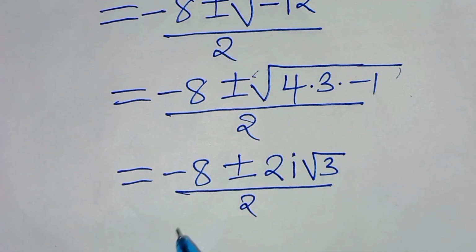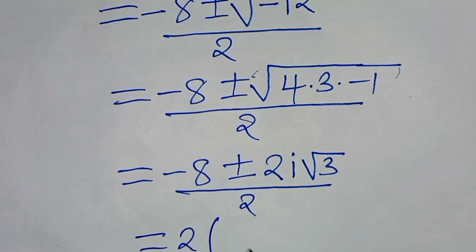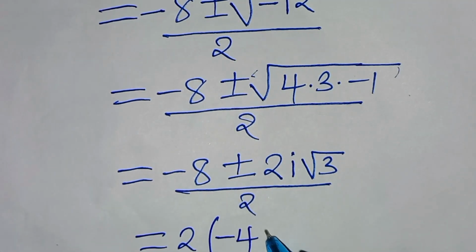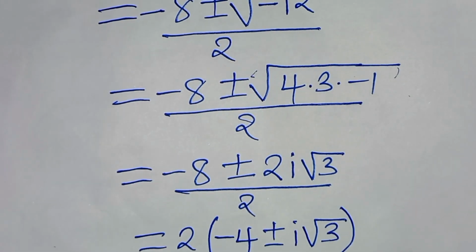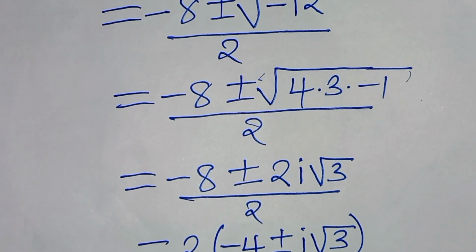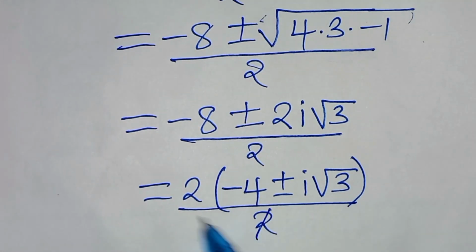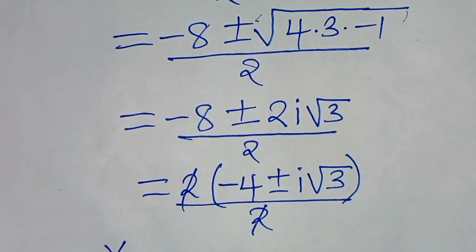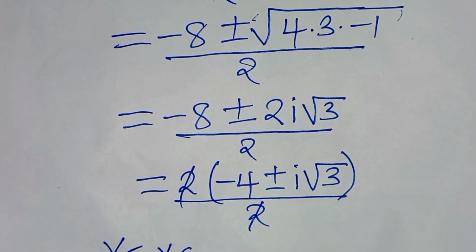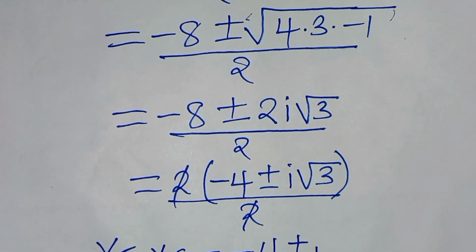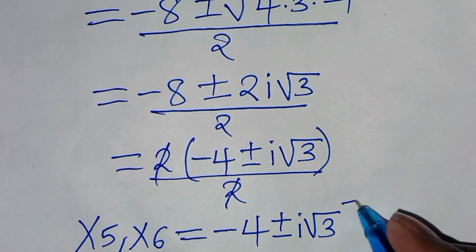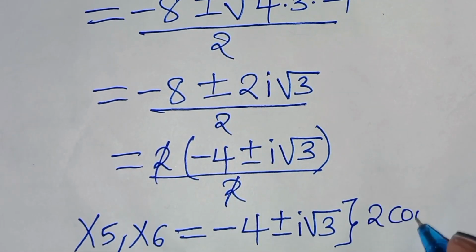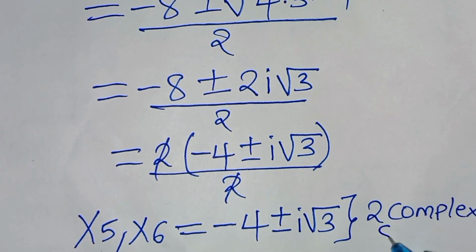From here, we can factor out 2, so that we have minus 4 plus or minus i square root of 3, all divided by 2. So let's simplify: x5, x6 is equal to minus 4 plus or minus i square root of 3. So this implies that here we have two complex solutions.